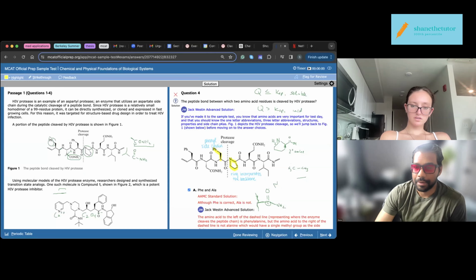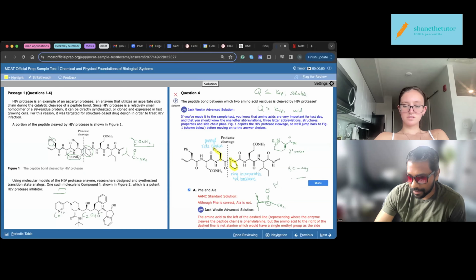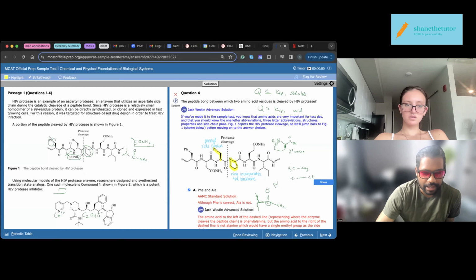But if we have actual atoms between these, like if we had a C and, I don't know, a Cl, then this line is really just the bond between the C and the Cl, right?